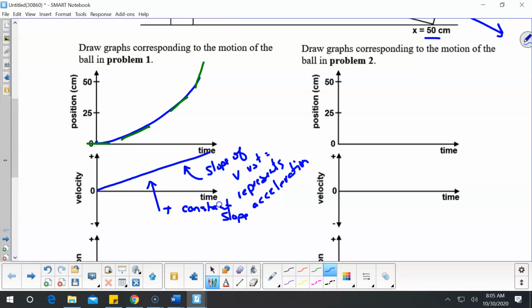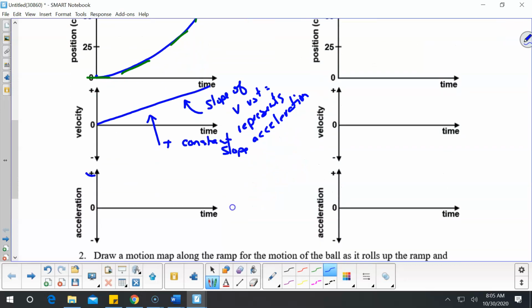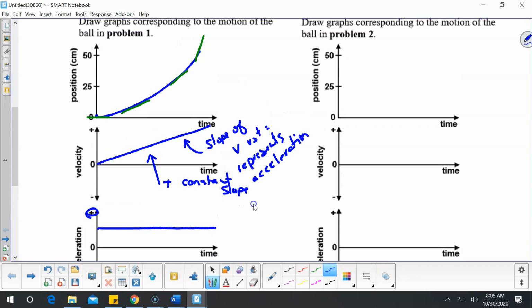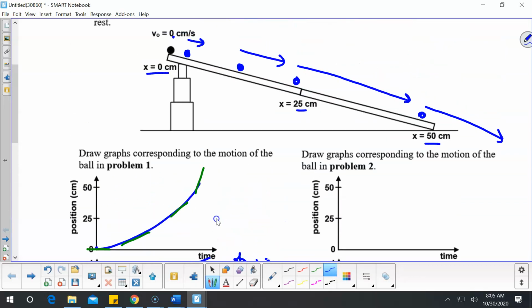So that means my acceleration is also going to be positive. It's in the positive region and it's constant, so it would look like this. So this would be my constant or my uniform acceleration. So you are supposed to produce all of these graphs and the motion maps.